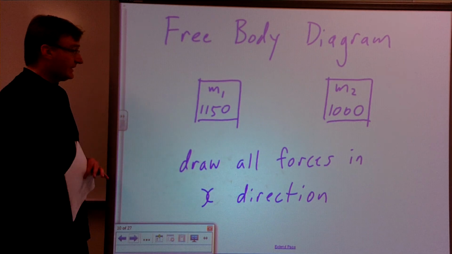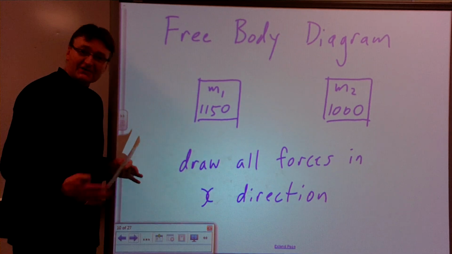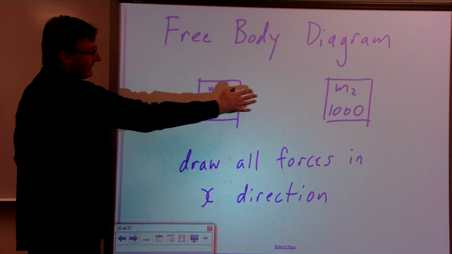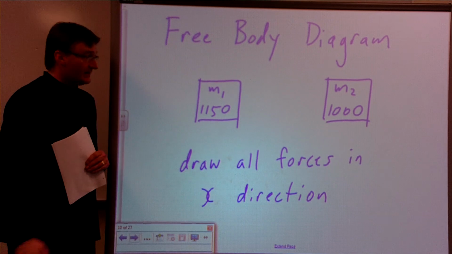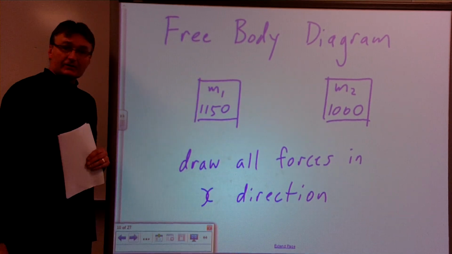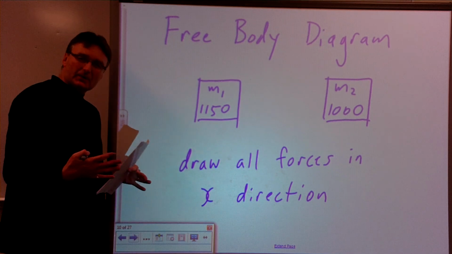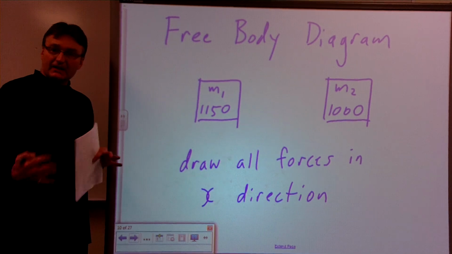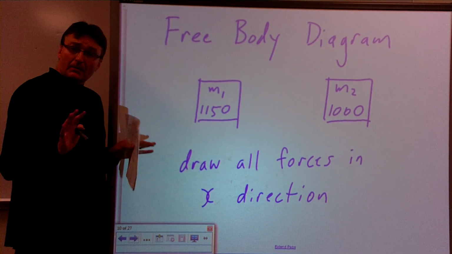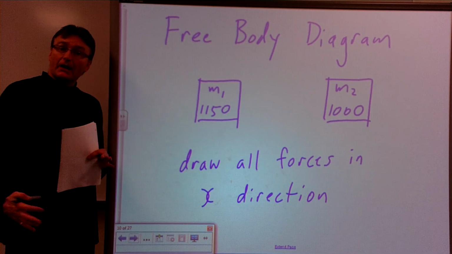And you can do that because you can do basically anything you want as long as it makes sense. As long as all of our forces are drawn correctly on the masses, we can put them all in the x direction. Now, in a lot of cases, that's not going to help you when the problems get more complex and in 2 dimensions, etc. But for this kind of problem, that works very well.